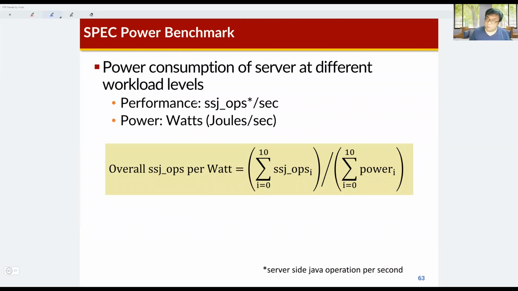Another type of benchmark measures the power consumption of the computer system. This benchmark is called the SPEC Power benchmark.